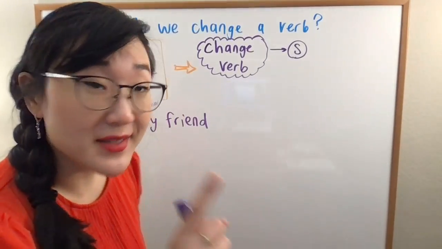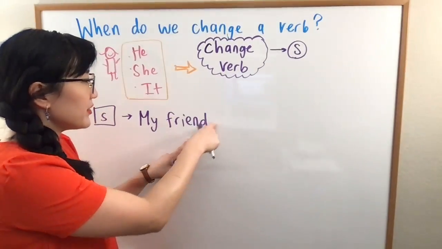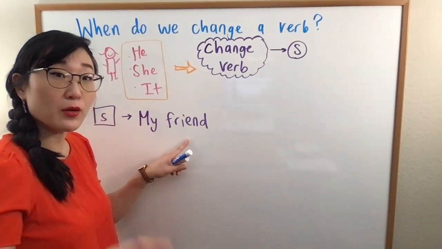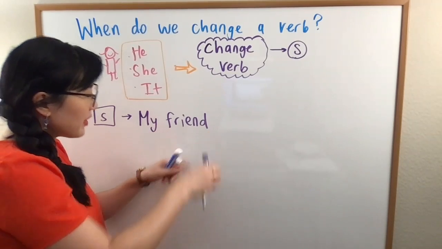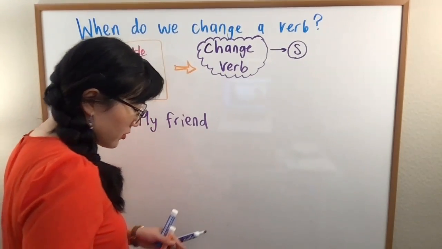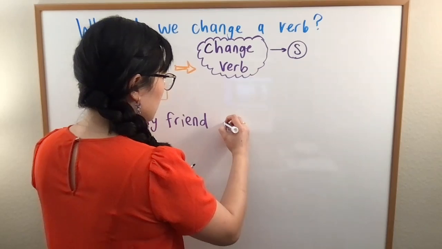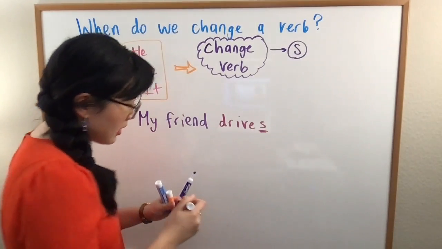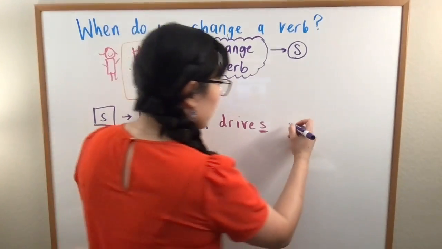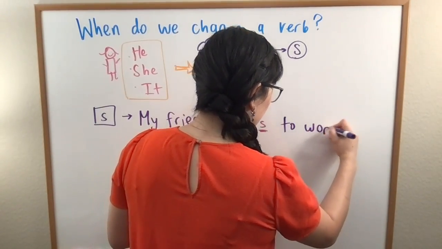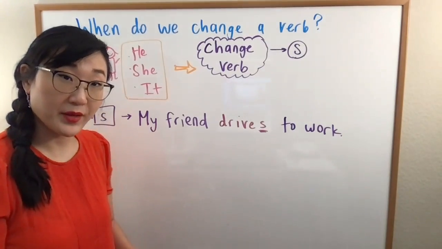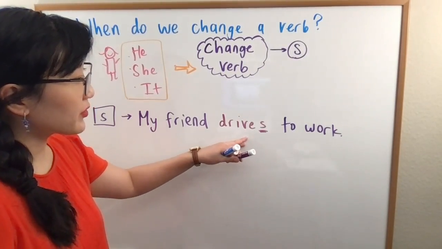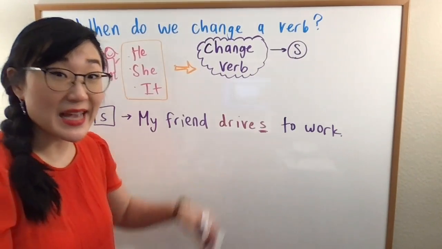Yes, but I know it's singular. It's one. There's no S. It's not plural. It's singular. So my friend, and let's say for my verb, my friend drives with this S. My friend drives to work. Okay? Regular verbs will always just use this S ending.